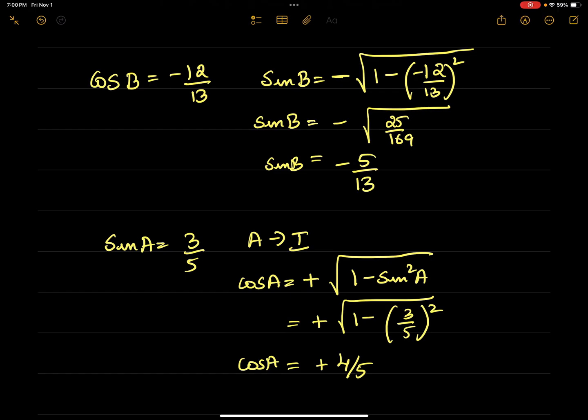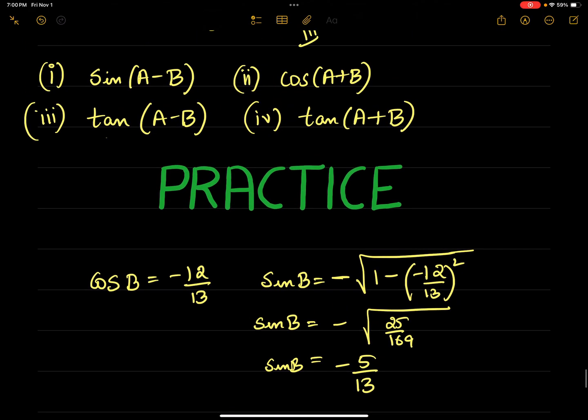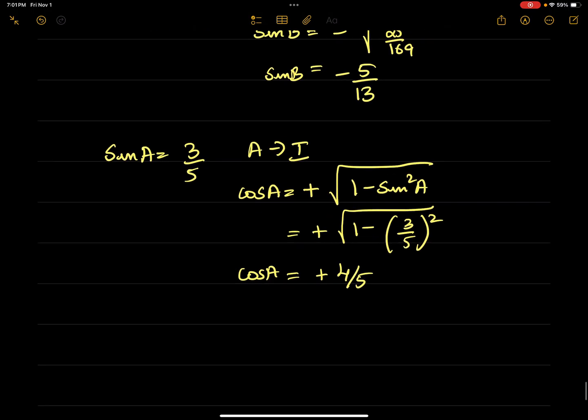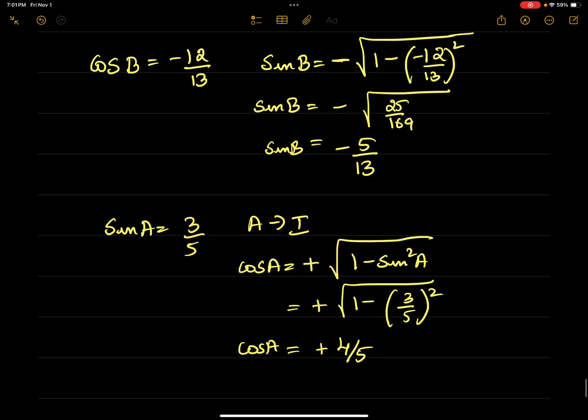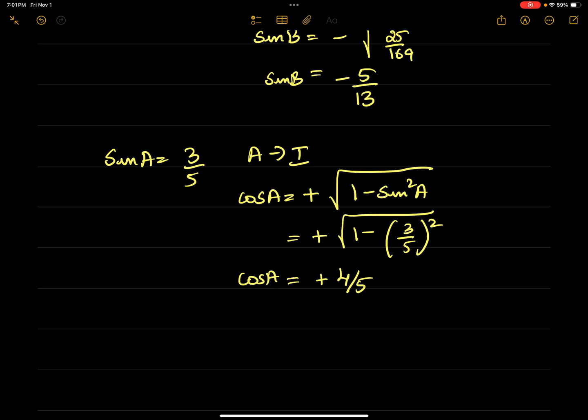That is the value of cos A. Now we have all the 4 values required to solve the question. But if you notice here, we need tan A and tan of A minus B and tan of A plus B as well. So for that sake, let's solve that too, which is tan A is equal to sin A by cos A. So sin A is 3 by 5, cos A is 4 by 5, so we would get 3 by 4.